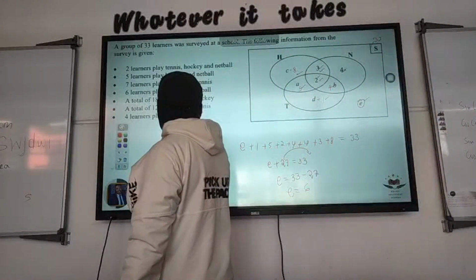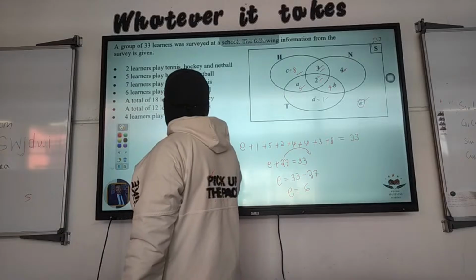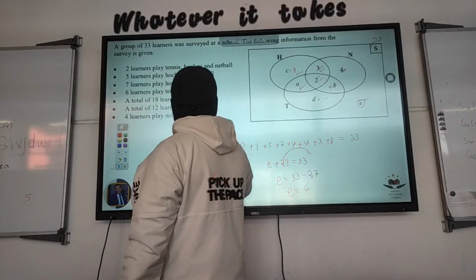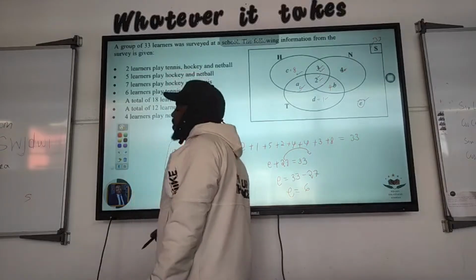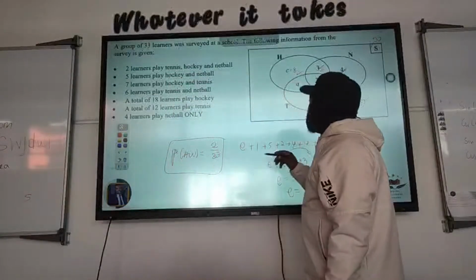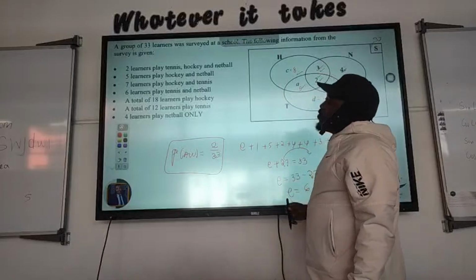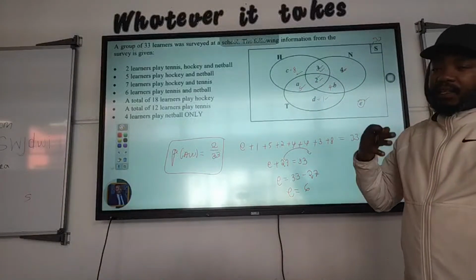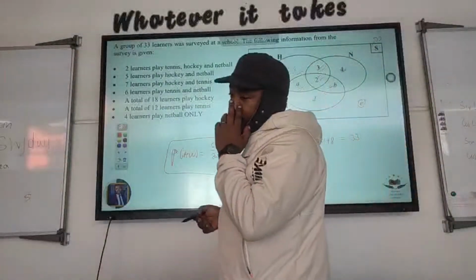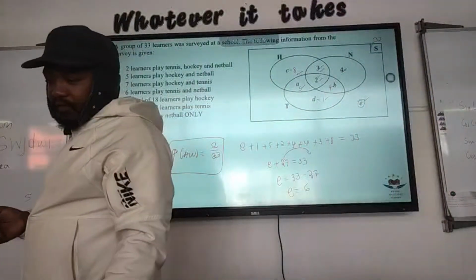I will say the probability of all 3 sports will be 2 divided by 33. So it is very important for you guys to get these numbers correct, your Venn diagram to be complete, to make the next coming questions much easier for you.